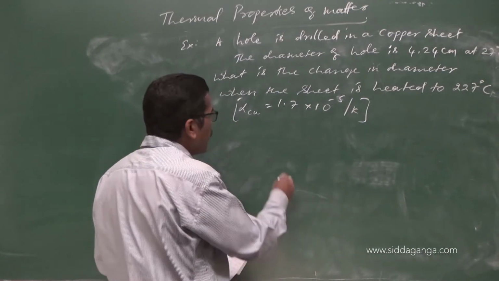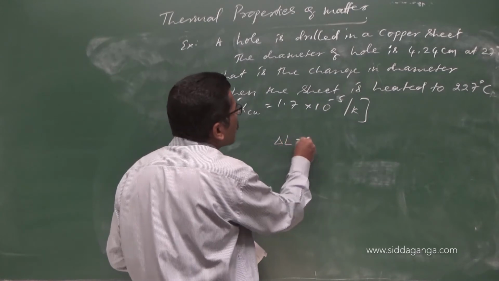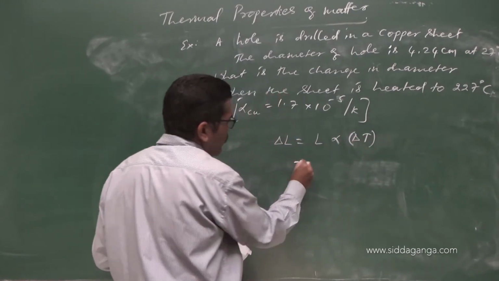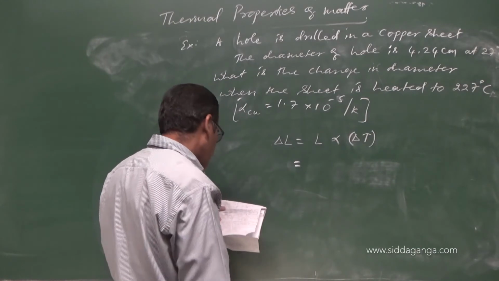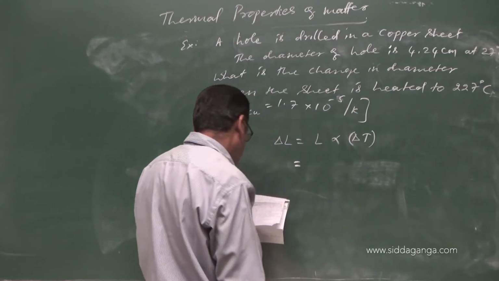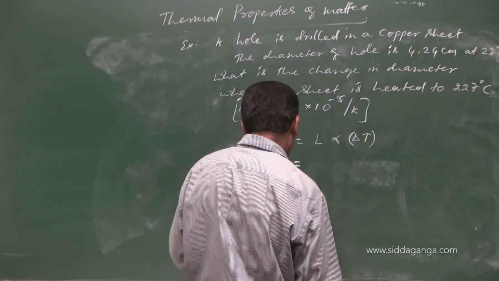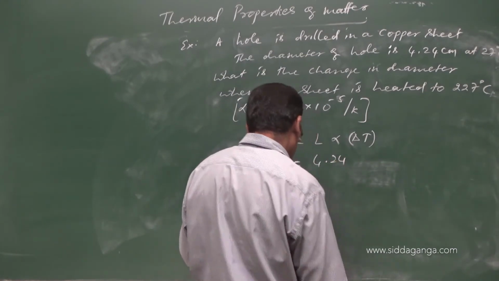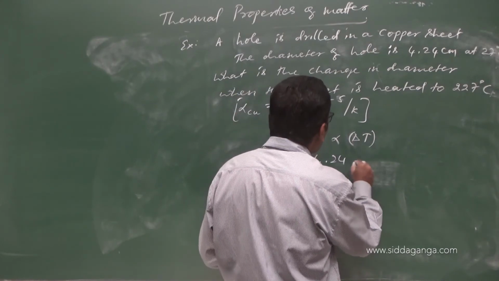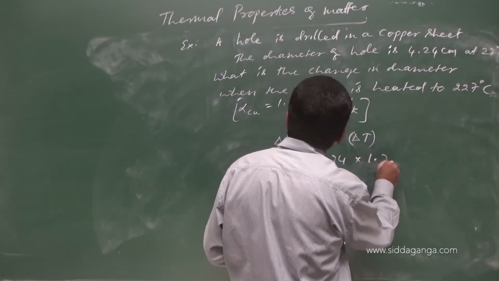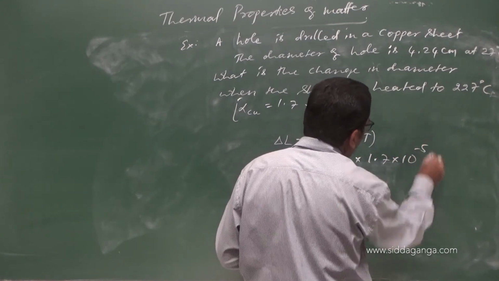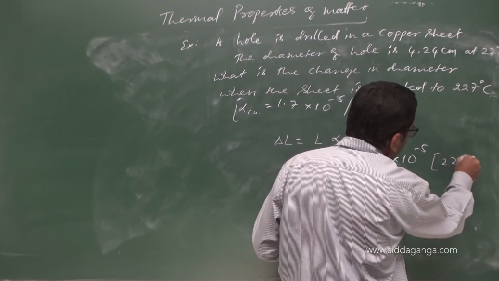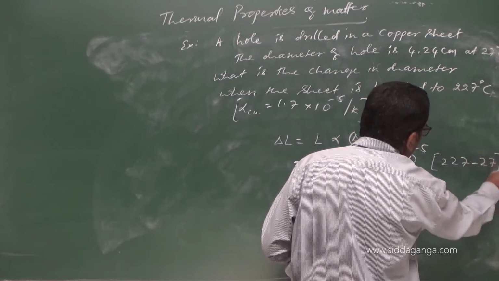Delta L is equal to L into alpha into delta T. You can directly use this relation. L is 5.24 centimeter, alpha is 1.7 into 10 raised to minus 5, and delta T is 227 minus 27.